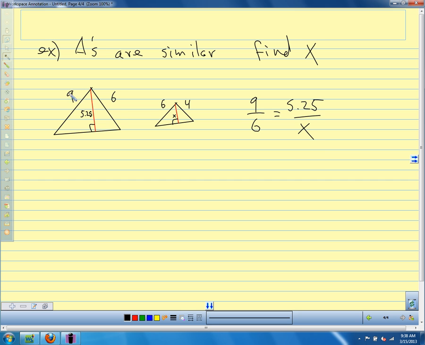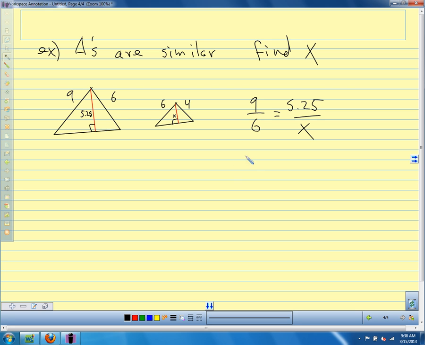Perfect. 9 divided by 6, the ratio of the sides, is 5.25 divided by x. I could do 6 divided by 4 is 5.25 over x. I could do 9 over 5.25 equals 6 over x. So I can make those ratios, as long as I'm comparing the same part on each triangle, your answer will come out the same.